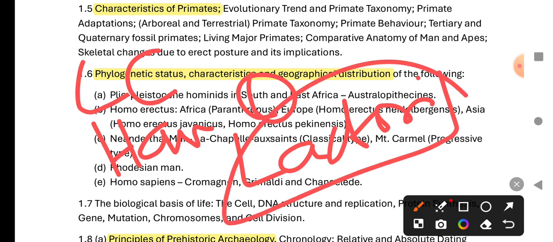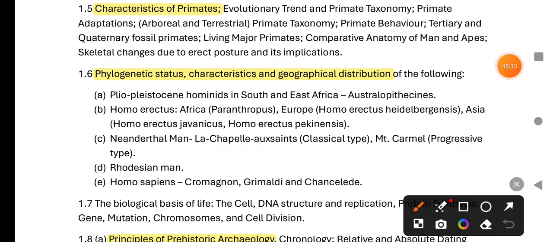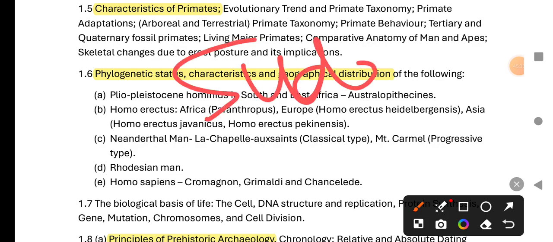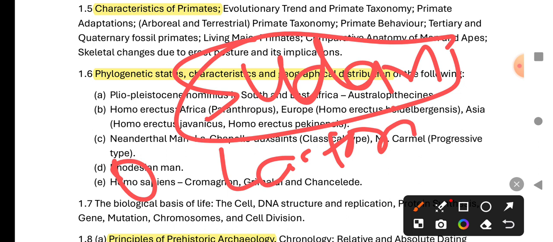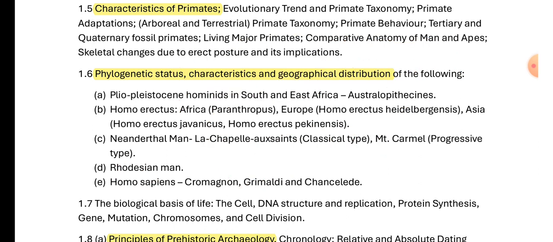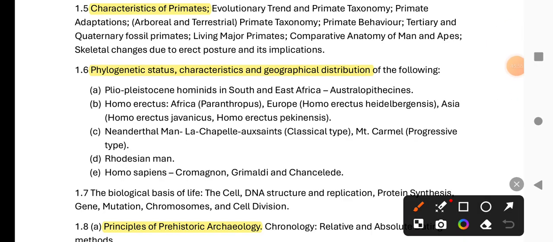You should remember these places and their country locations. Taung, the site of Australopithecus fossils, is in South Africa.